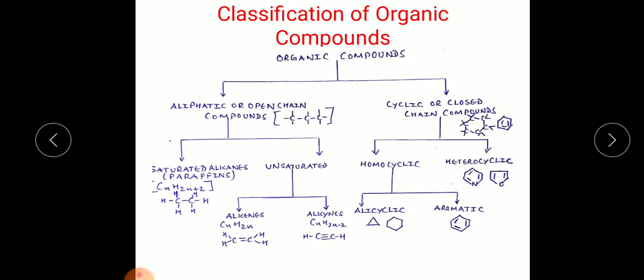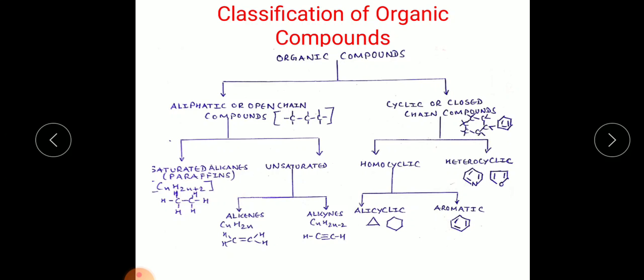Again, aliphatic or open chain compounds can be classified into two types: saturated and unsaturated hydrocarbons. In saturated hydrocarbons, we have a very important class called alkanes, which are also known as paraffins. Paraffins have the general formula CnH2n+2, where n is an integer: 1, 2, 3, 4, and it goes on.